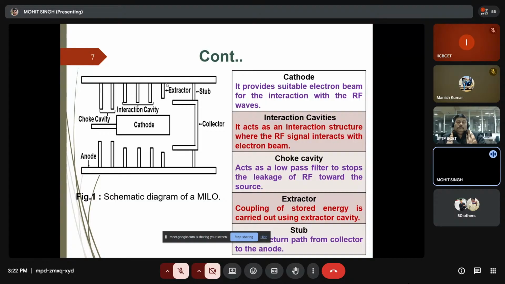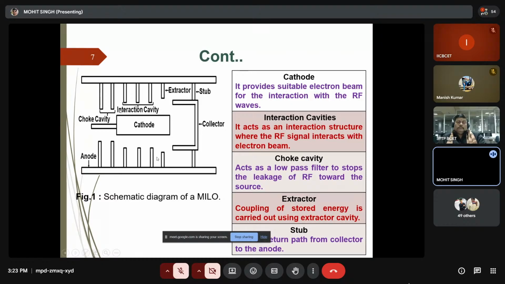Now, how this self-magnetic field is induced here, I will discuss. Whenever a high voltage between cathode and anode is applied, whenever a potential difference between cathode and anode is created, the resulting electric field creates a high plasma density near the cathode.